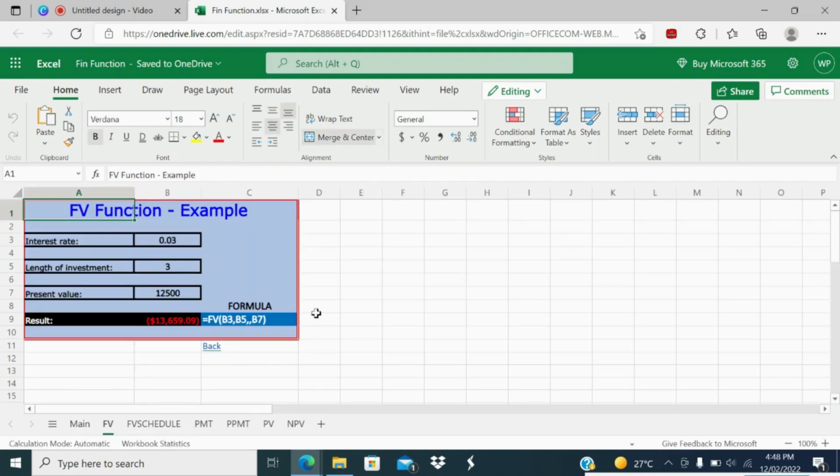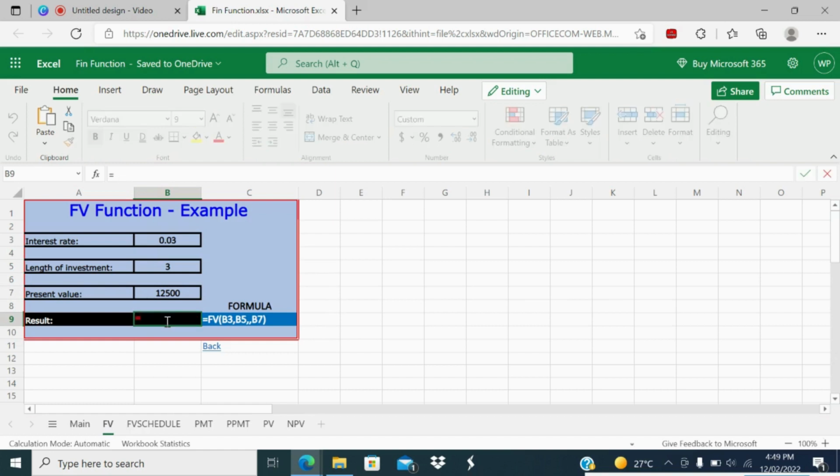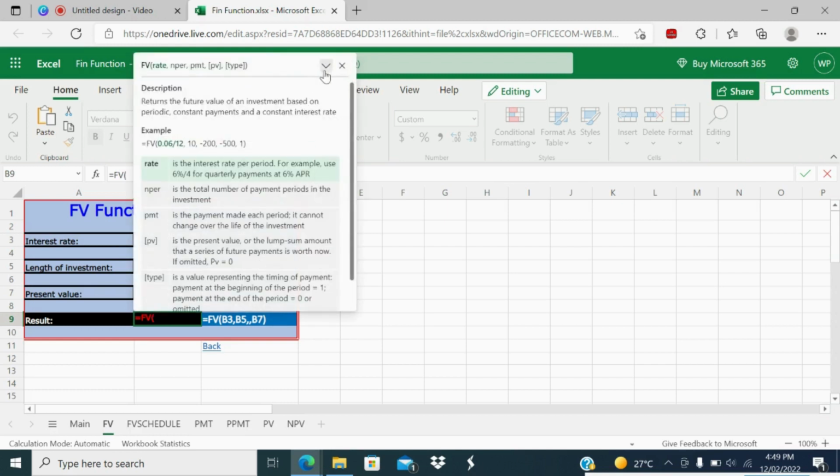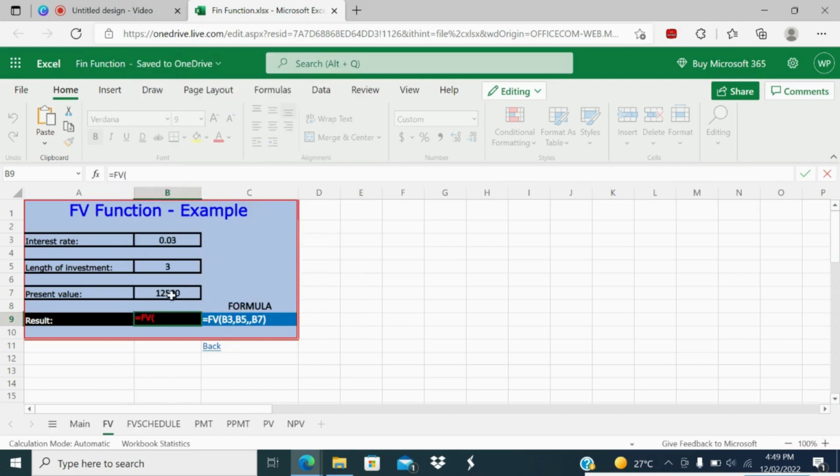I have interest rate 3%, length of investment 3 years, and the present value is 12,500. Let me write the formula. Equal FV, double click. The first argument is interest rate, comma, length of investment, comma, present value, and I'll close the bracket.